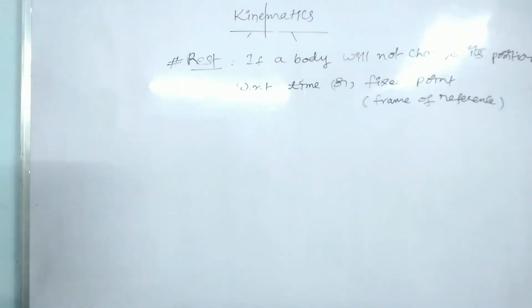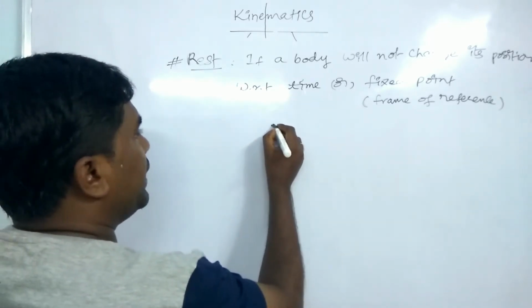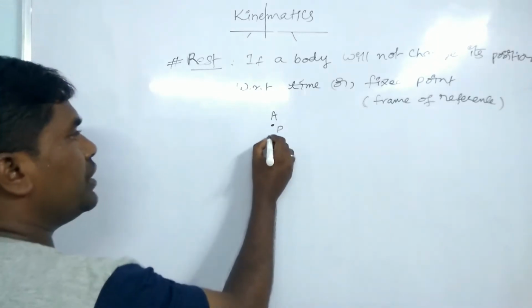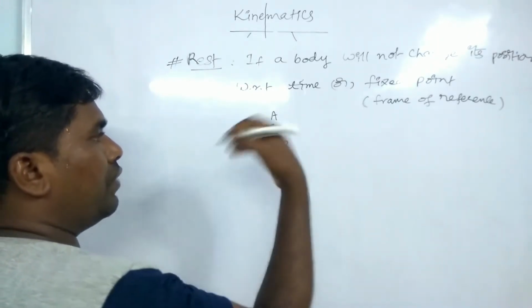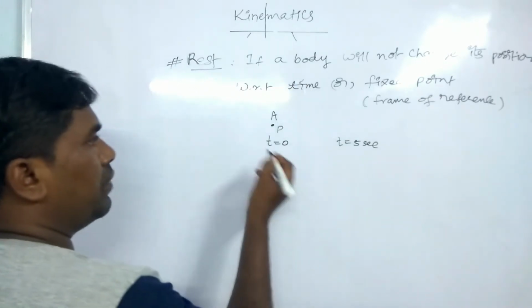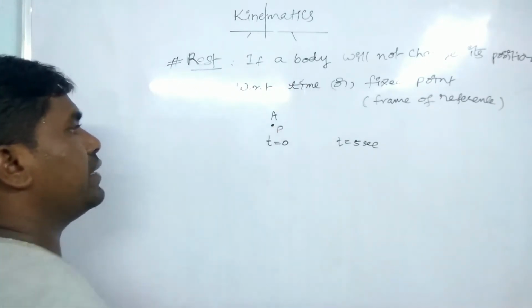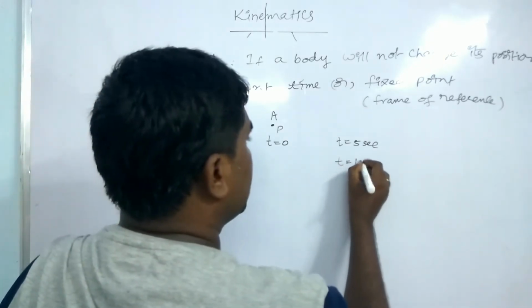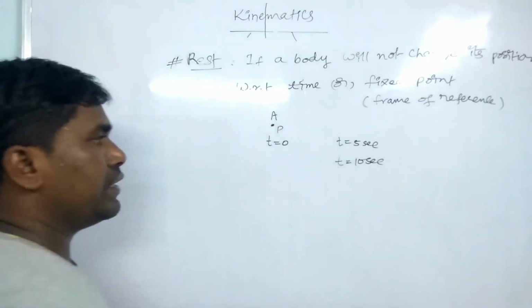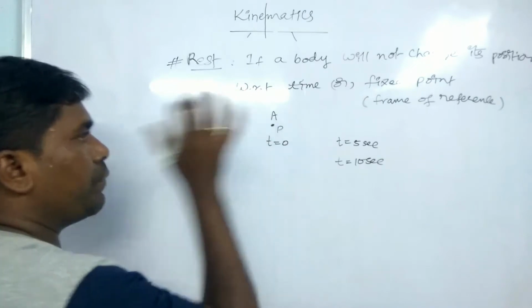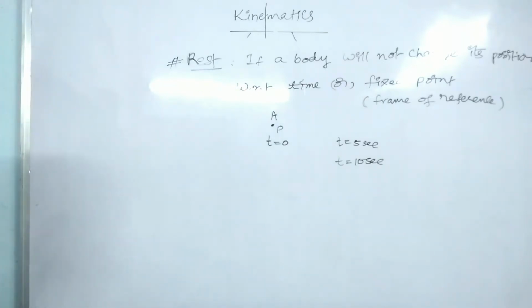then that body is said to be at rest. For example, if a particle P is located at point A at time t equals 0, and after t equals 5 seconds, you see that the particle is at the same position. And after t equals 10 seconds, the particle is located at the same place, at point A. So this type of phenomenon is called rest.